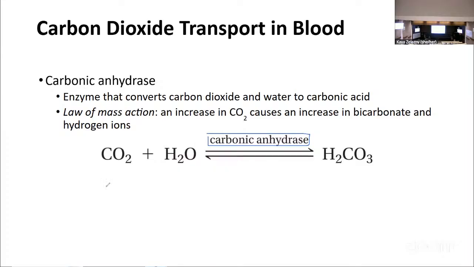So what we've got is we can put together carbon dioxide in your bloodstream and water in your bloodstream, we've got plenty of that, and turn it here into carbonic acid, which is why we have this name carbonic anhydrase. So this is our carbonic acid.